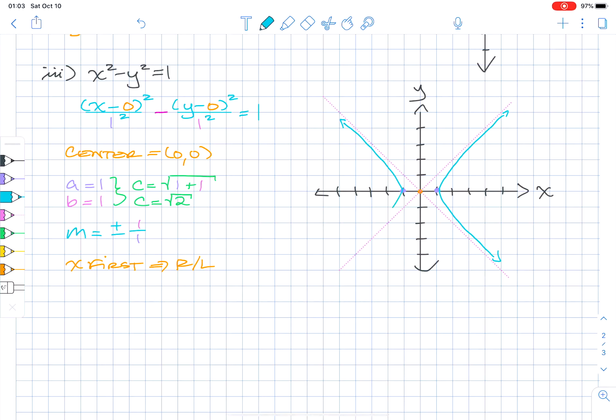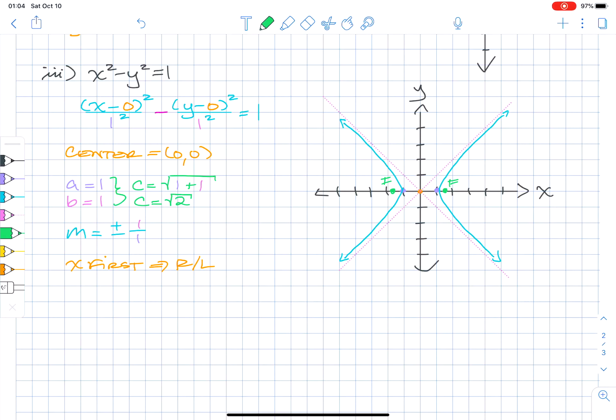Okay, something like that. Now, where are the foci? The foci are at root 2, which is a little bit more than 1, like here, away on either side from the center. So focus 1, focus 2. Okay, so hopefully that makes sense.